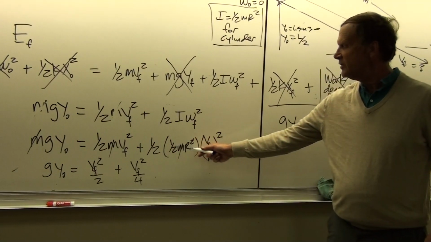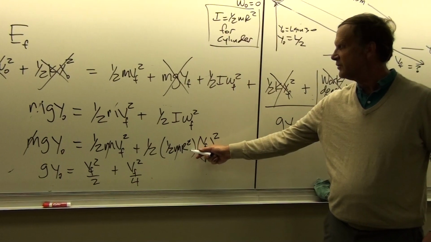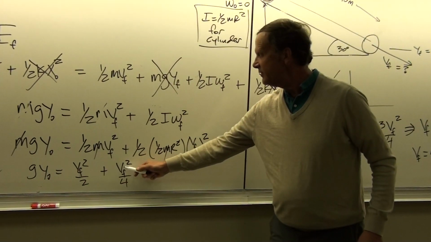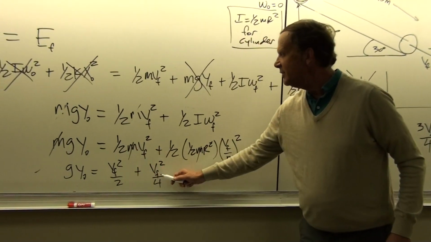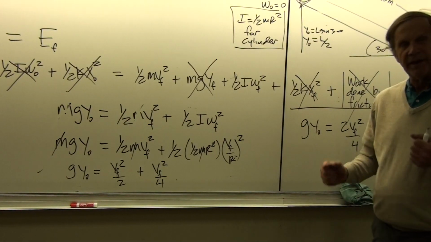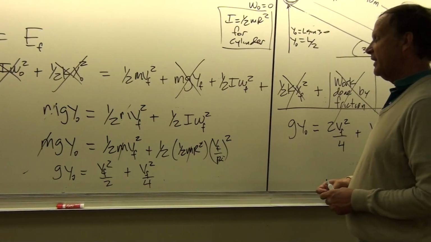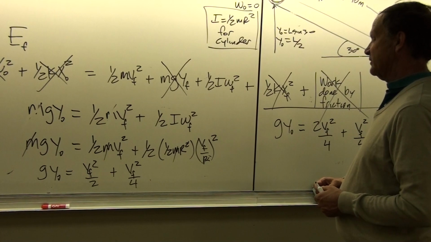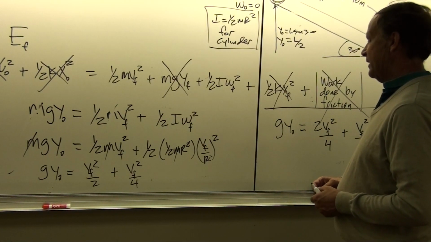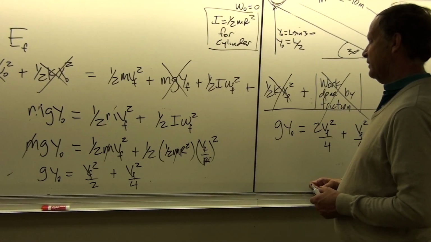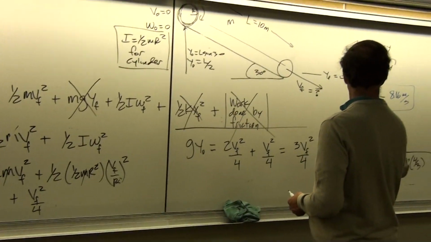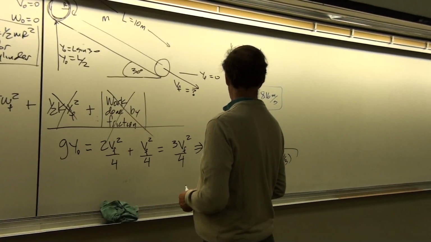So we'd have an mr squared instead of a 1/2 mr squared. This would be a v final squared over 2. So that means that there'd be a 50-50 split between the rotational kinetic energy and the center of mass kinetic energy. And that means that v final would just be equal to the square root of g times y naught, or the square root of 50.